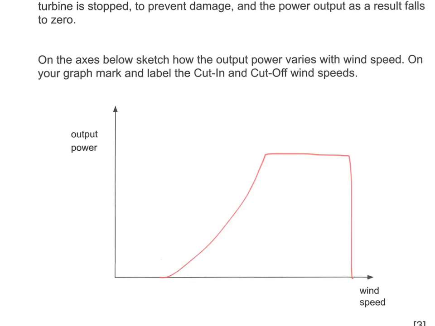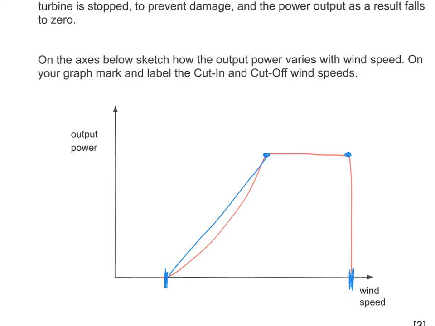Now, the important features of this are going to be that you mark in the cut-in speed and the cut-off speed, and the fact that it reaches a maximum at some point and stays that way until it cuts off. The fact that it's a curve here is really just a guess, because kinetic energy is proportional to v squared.